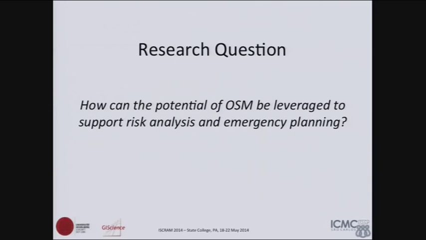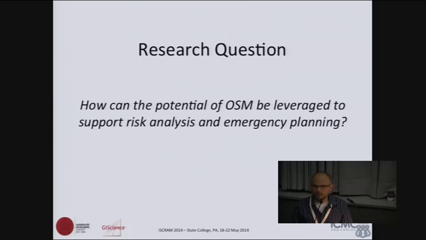So we came to the question here: how can this potential of OSM be leveraged to support also risk analysis and emergency planning? Mostly today, OSM is used after disasters, to respond, and it has also been taken up by humanitarian agencies and organizations.